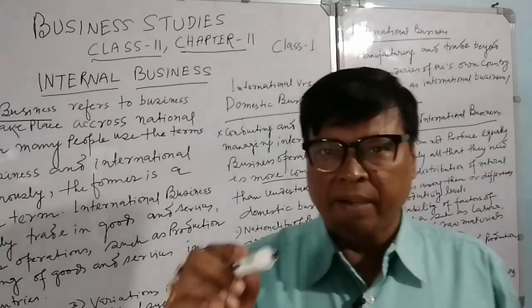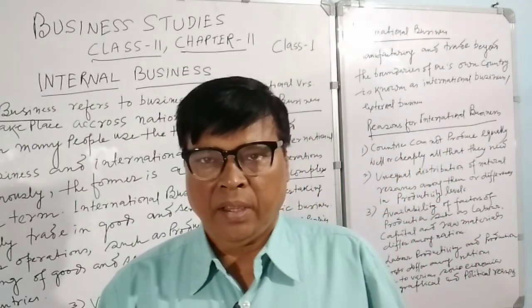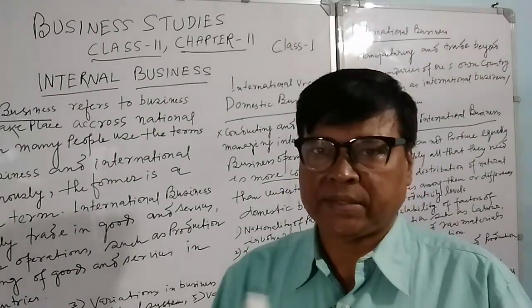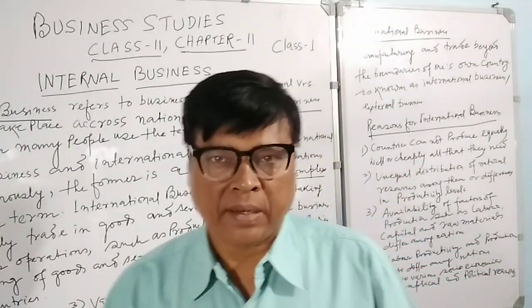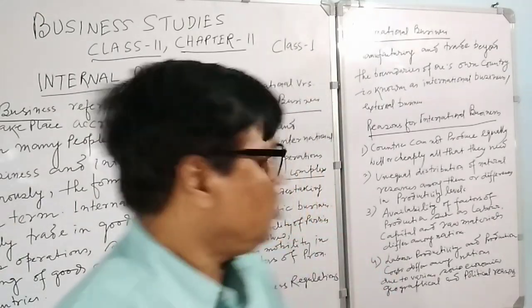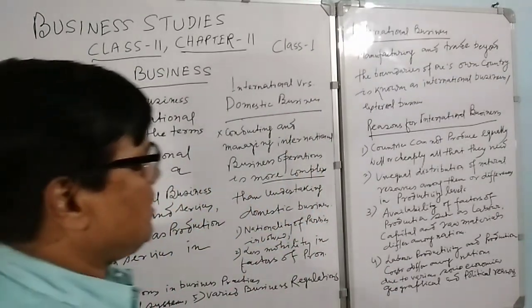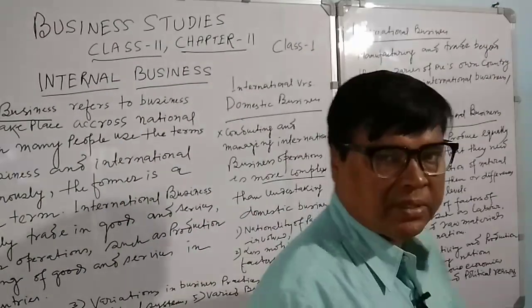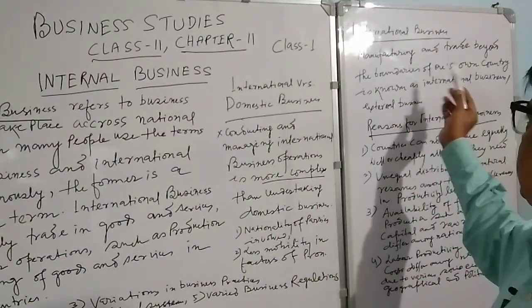Suppose X is your own country. If you do business with Y country, that is, between X and Y, that is international business. To go into detail, what does international business mean?